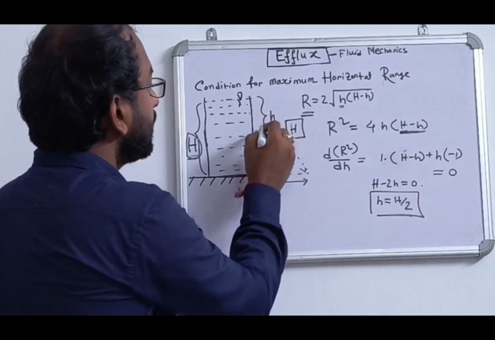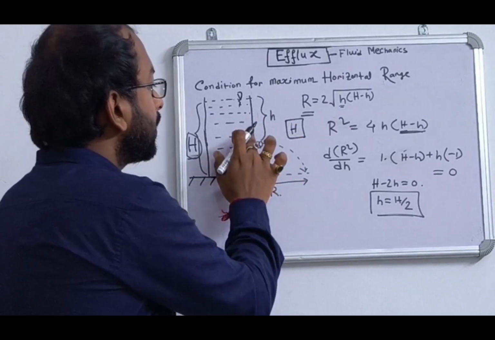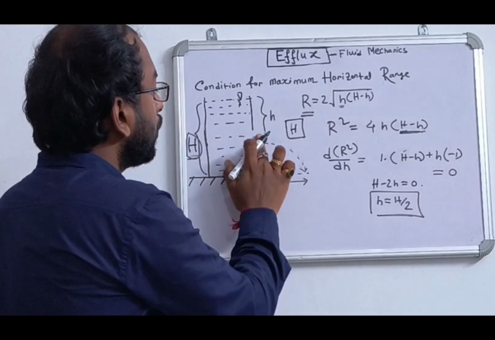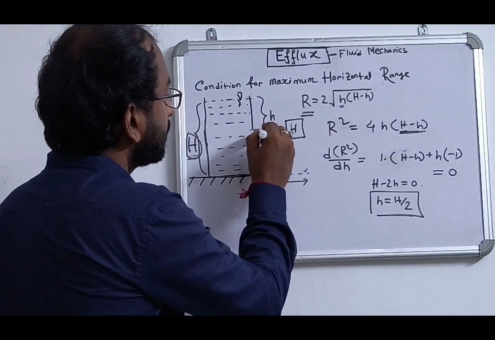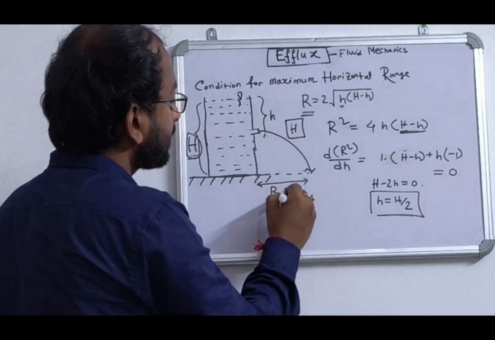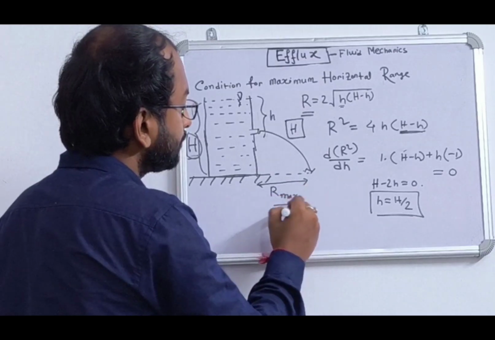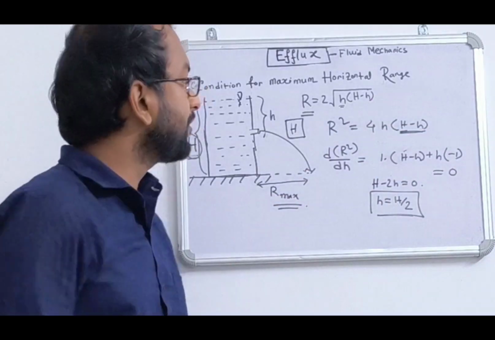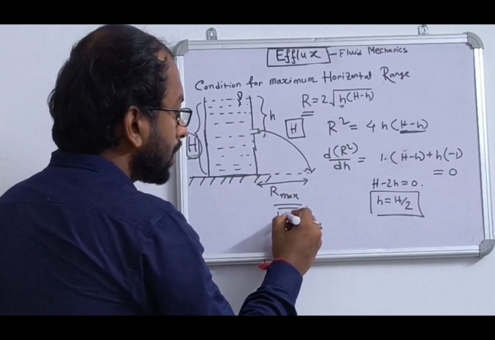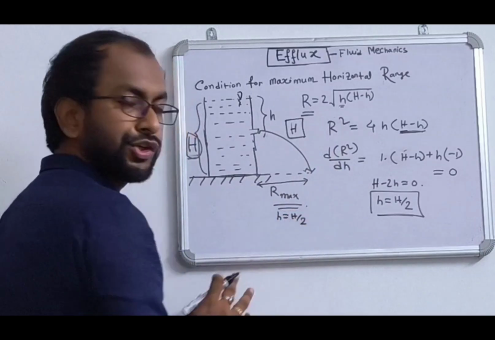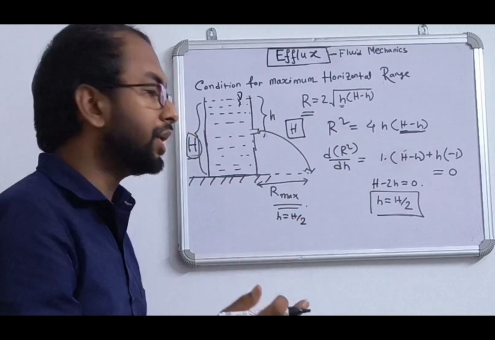So I have to make the hole just at the middle in order to get the maximum range here. And what is the value of this maximum? I'll put h equal to H by 2 in the range equation and I'll get the maximum value of the range.